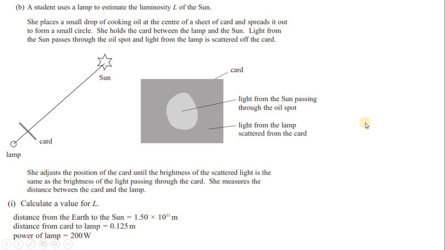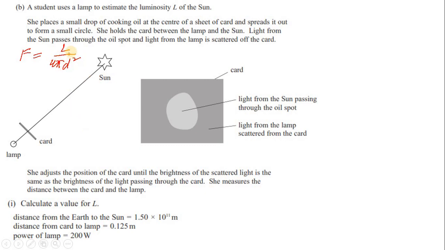Okay, so we have to find the luminosity of the sun, L, and for this purpose we have a relation of luminosity and brightness, which is brightness F, or intensity also, equal to luminosity divided by 4 pi d square.